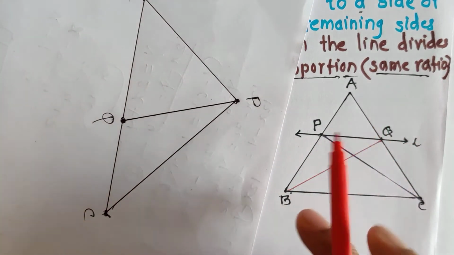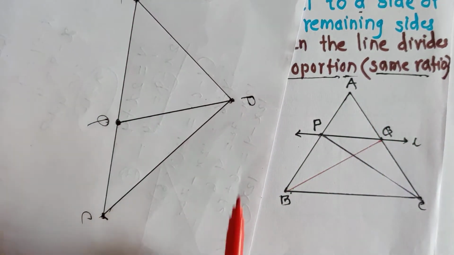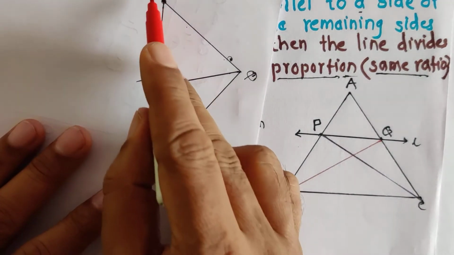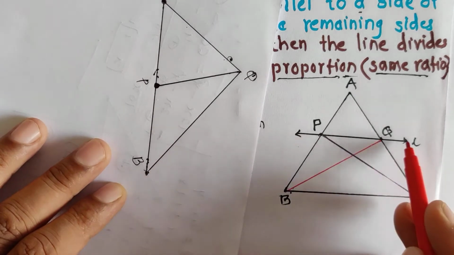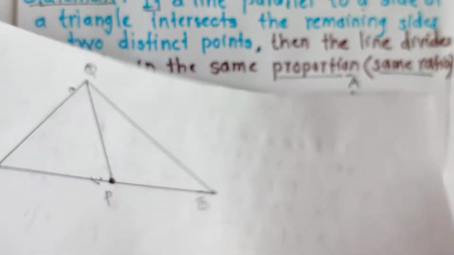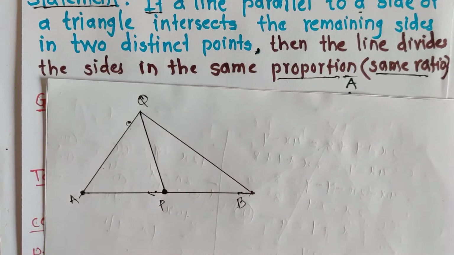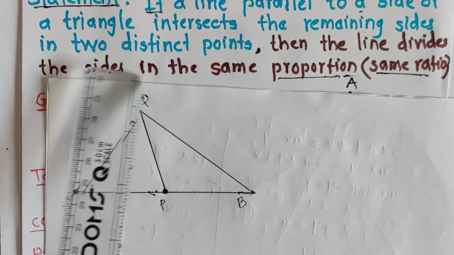if you observe this figure, here it is triangle APQ, and here it is triangle BPQ. So these two triangles are taken here. We have to draw the heights of triangle APQ and triangle BPQ.